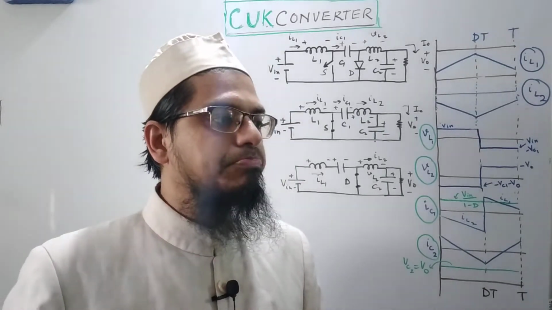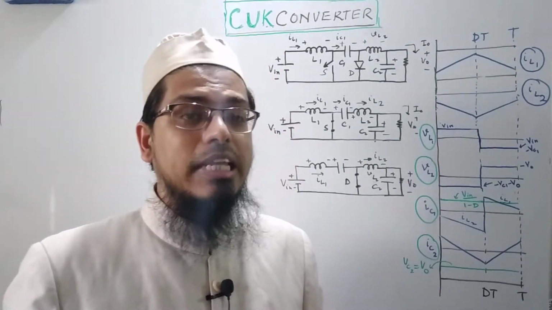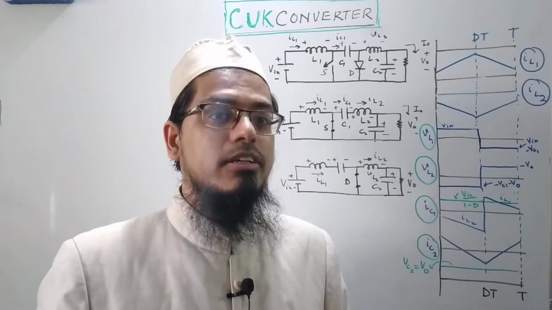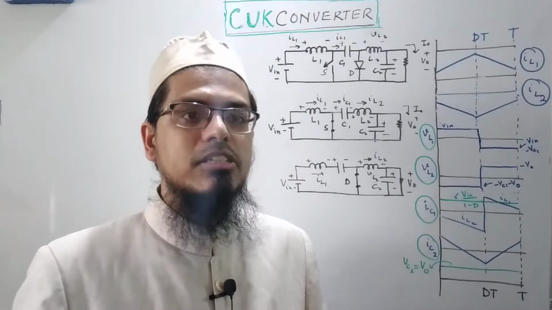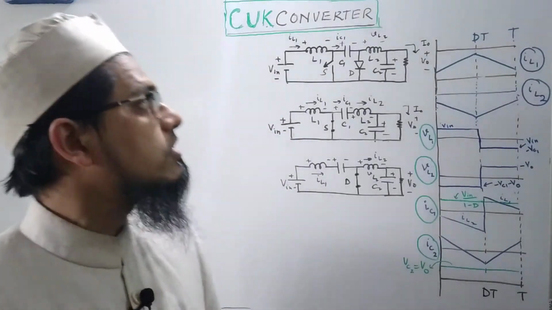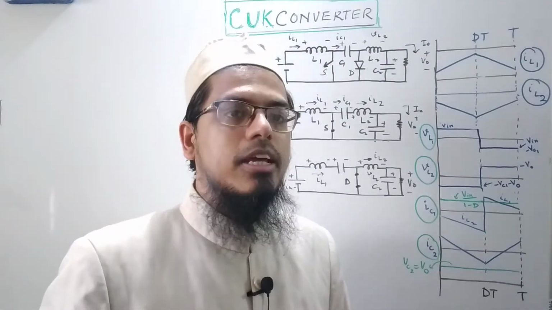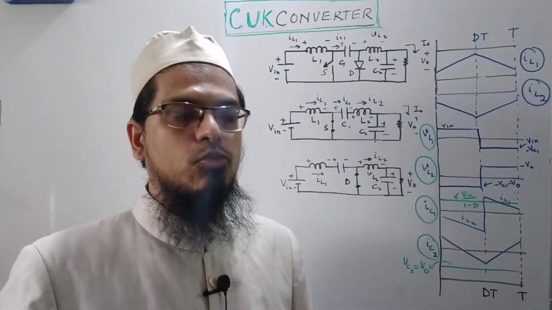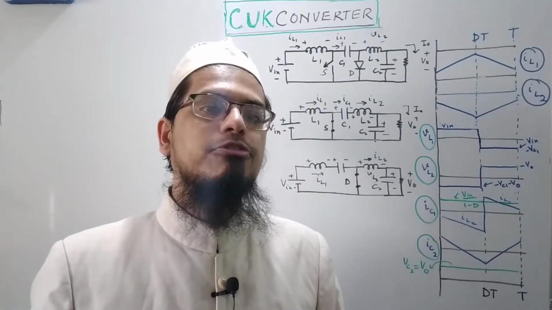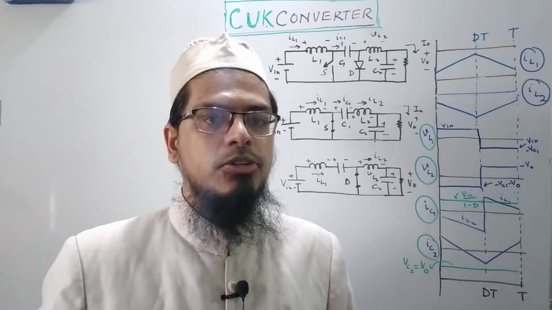And so it is better to use the right pronunciation rather than calling it any other way. Okay, so this is a Shuk converter, and the feature is that it can buck as well as boost the available input voltage, although it has the same shortcoming of voltage reversal at the output.